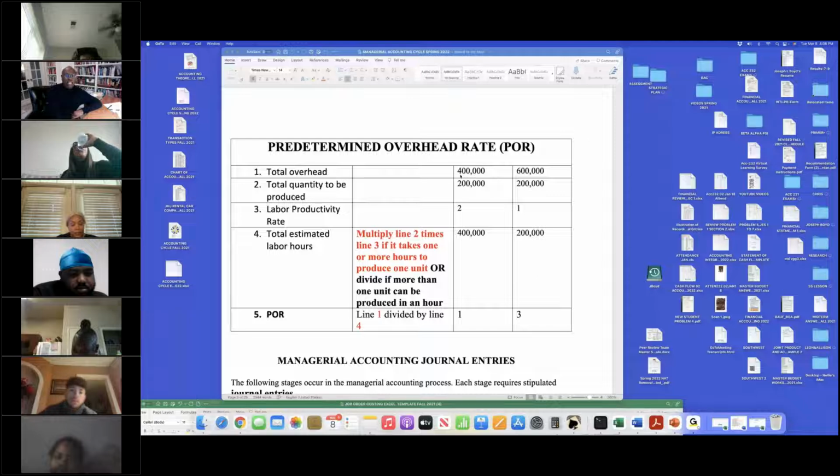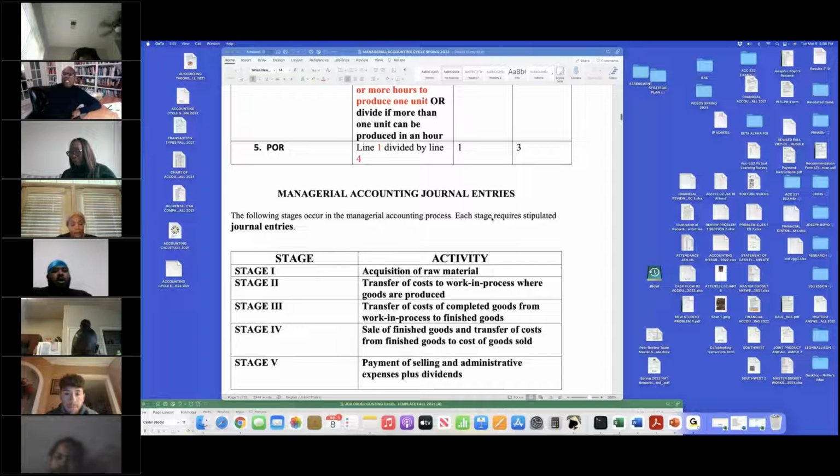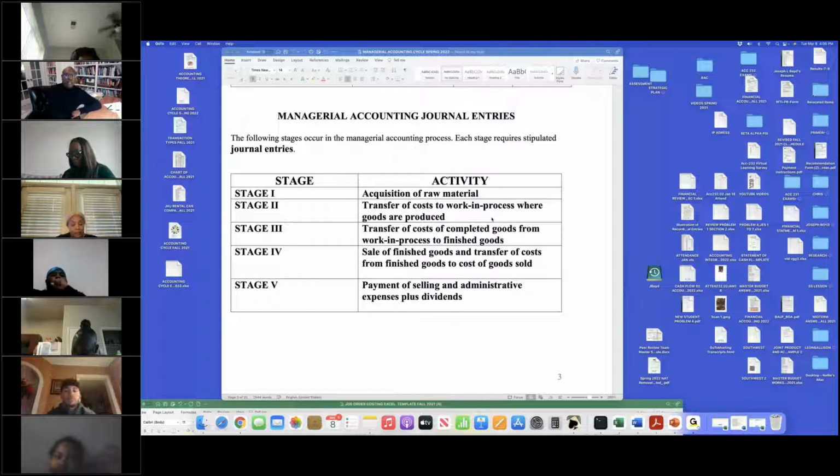So we'll get back to that later, but let's talk about the second step in the managerial accounting cycle. That's making journal entries. And what I've done is to break the journal entries down in stages. In stage one, we acquire raw material. In stage two, we transfer costs to work in process where the goods are produced.